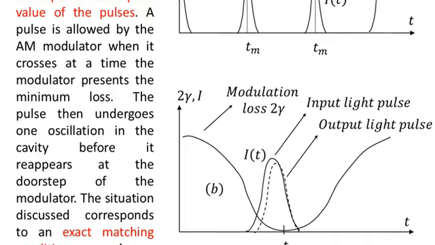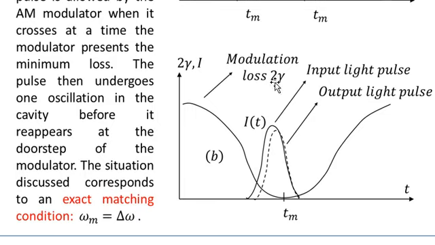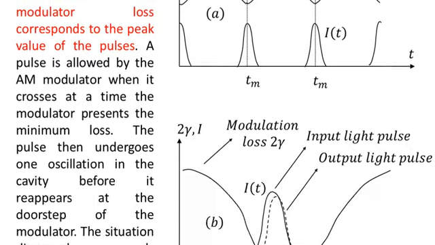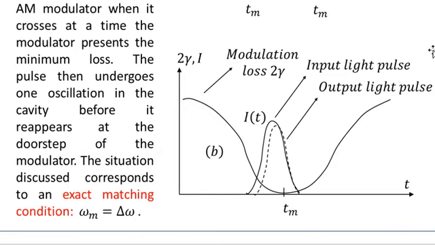So you see that when these pulses oscillate in the laser cavity, since the Tm time will open after the time period which is equal to 2L over C, that is the time of light in the laser cavity, these pulses will reappear at the time Tm and of course will pass through the laser cavity.